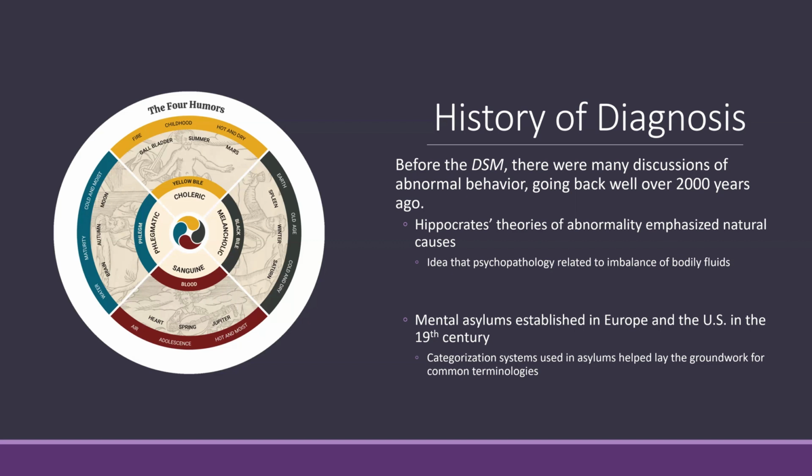Jumping ahead to what we discussed in chapter 2, in the 19th century, there were mental asylums that were often run like prisons, but some of the early reform efforts aimed to introduce categorization systems. So really early ways to start identifying how people are differing in their behaviors and how this might influence treatment.